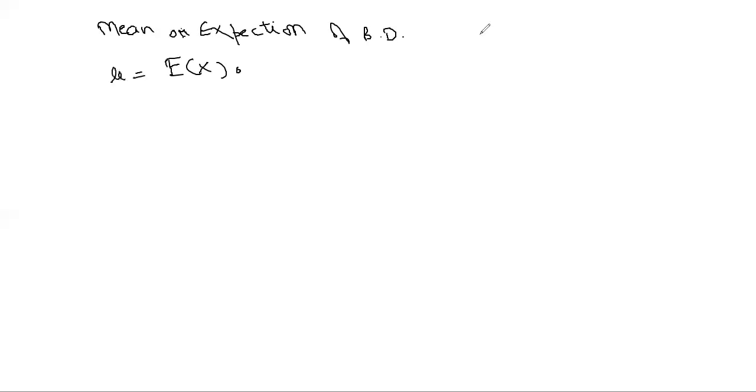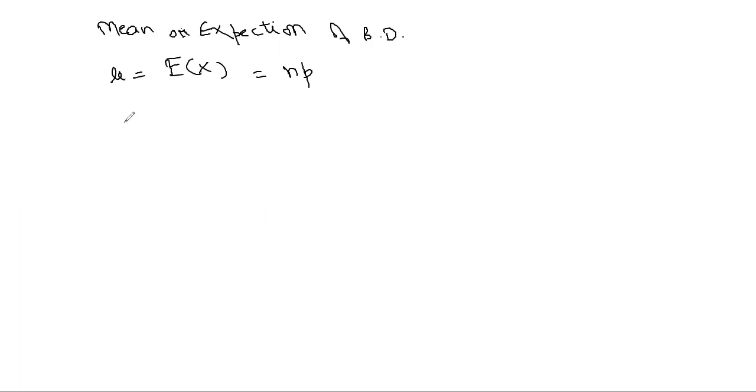The mean of a binomial distribution, also known as expectation, can be represented as E(X), which is the same as mu. It equals n into P. It can be verified by some mathematical properties.